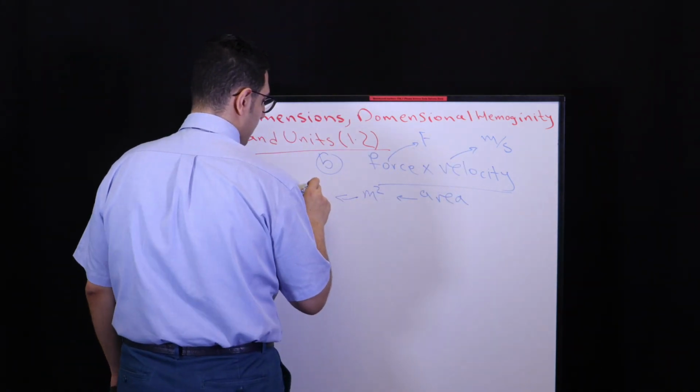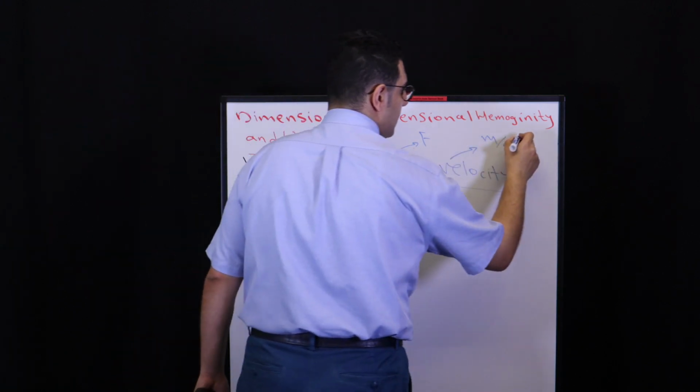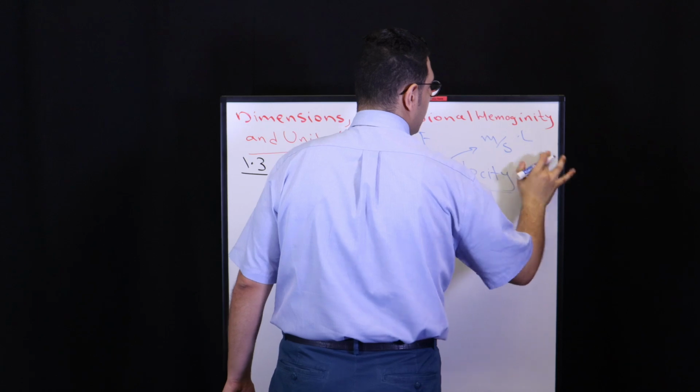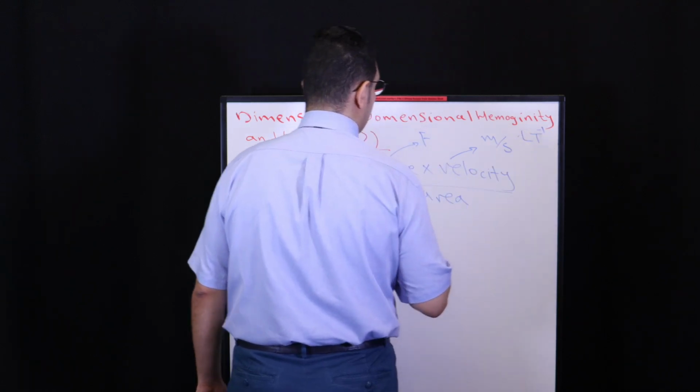Area is L to the power 2. Velocity is L multiplied by T to the power minus 1.